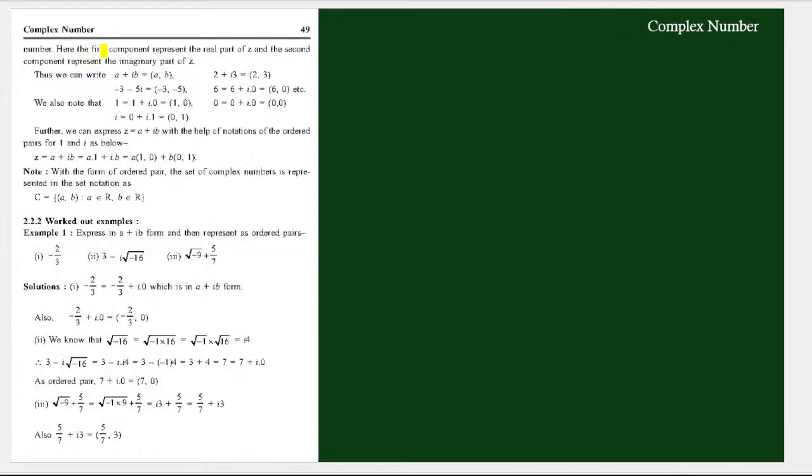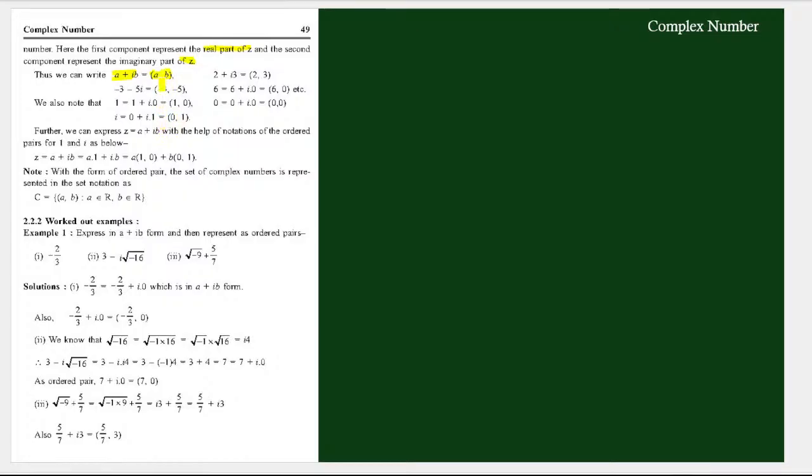So here the first component represents the real part of z, and the second component represents the imaginary part of z. So your a plus ib, in ordered pair we can write like this, (a, b). Like in the previous exercise on relations, here you see a is your what?